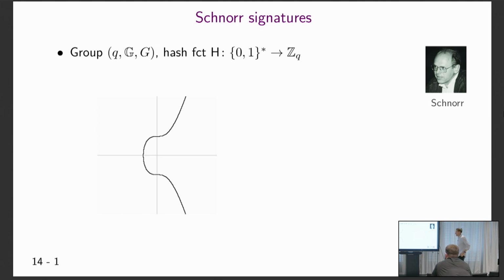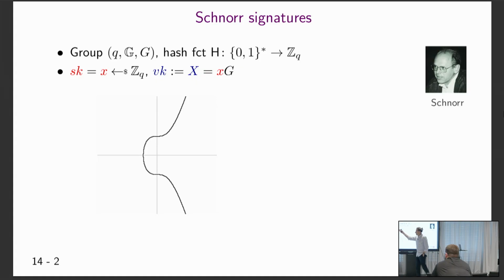They are defined over nowadays an elliptic curve group of order Q generated by some generator G, and a hash function that maps strings to Z_Q. A secret key is a uniform element of Z_Q, and the verification key is just X times the generator. This is additive notation. I guess you're more used to G to the power of X, but for elliptic curves, it's in general nicer to write it this way.